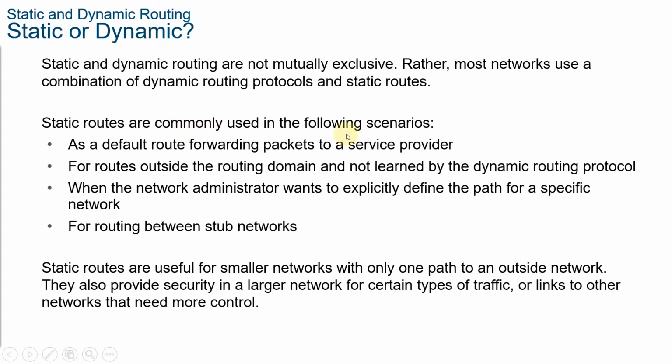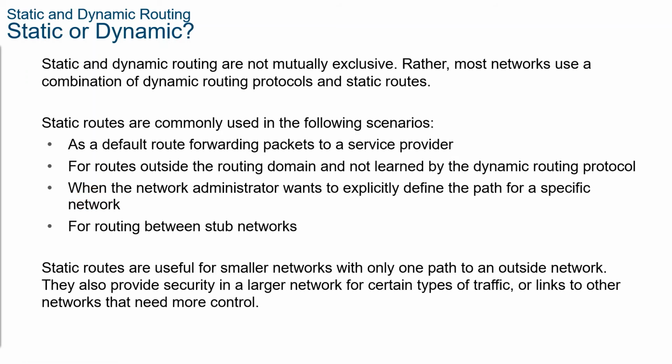Now, static routes are commonly used in the following scenarios. First, as a default route, forwarding packets to a service provider. Second, for routes outside the routing domain and not learned by a dynamic routing protocol. Next, when the network administrator wants to explicitly define the path for a specific network, we use static.